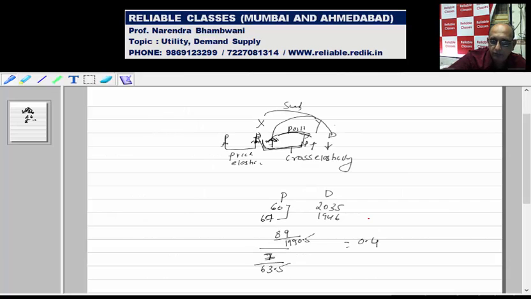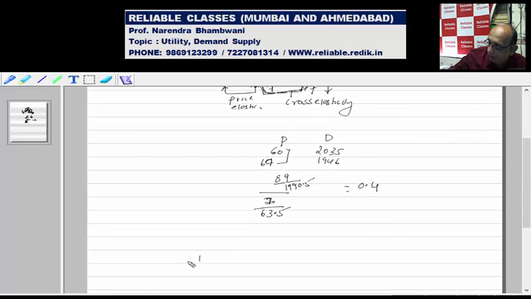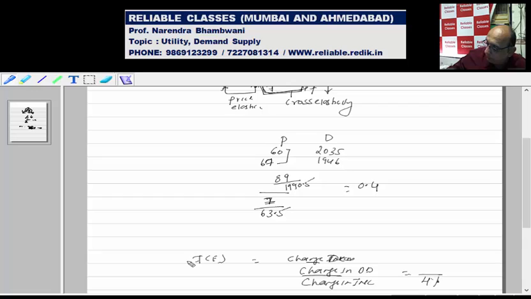What is income elasticity? Percentage change in demand upon percentage change in income. Change in income is 4%, so you can write here 4%.